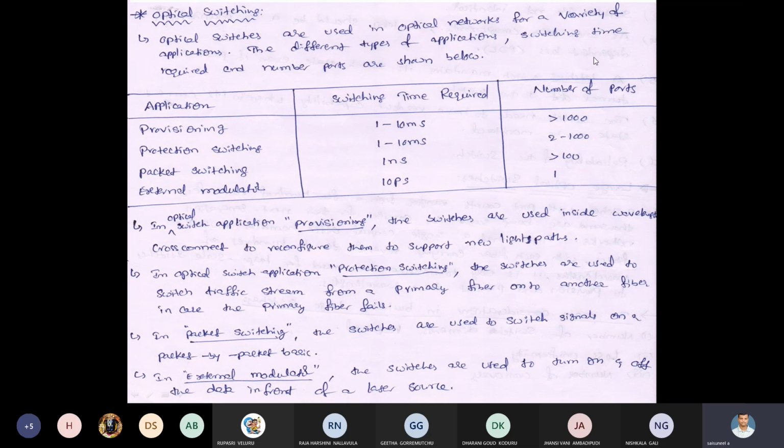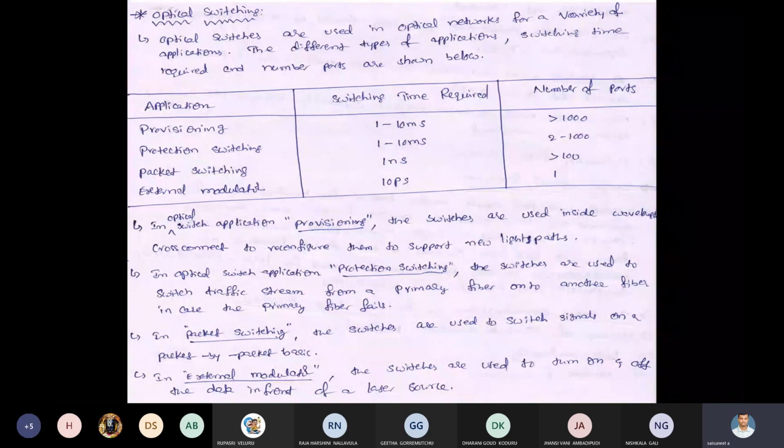Suppose the first application is provisioning. What is meant by the provisioning application? In provisioning, the optical switches are used to cross connect.